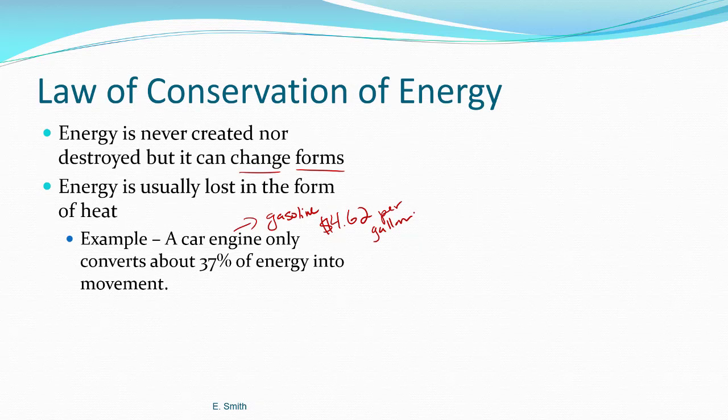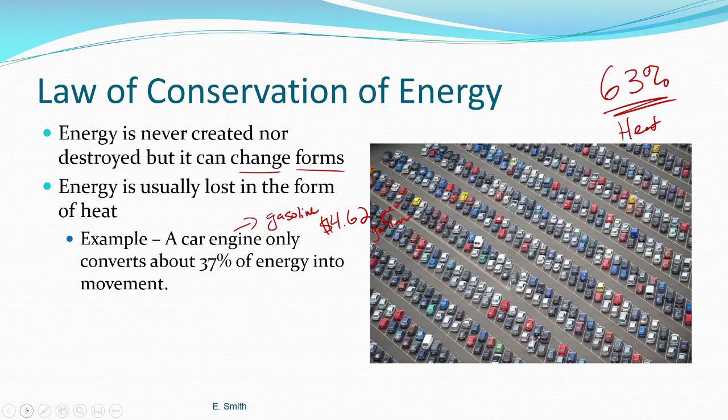What does that mean? Well, that means, folks, that 63% of the energy is lost in the form of heat. Oh my gosh, how inefficient is a car? Think about how many cars we have on the roads that run on gasoline.